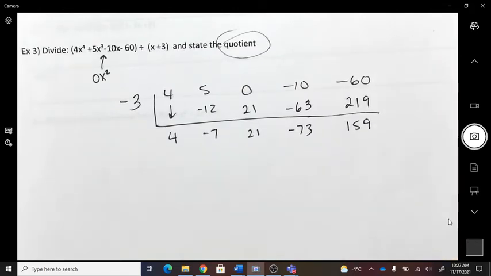Remainder 159. Anybody matching me on the remainder? 159.